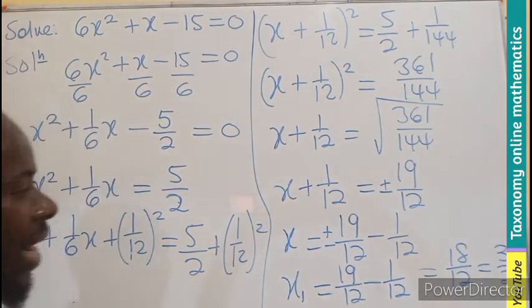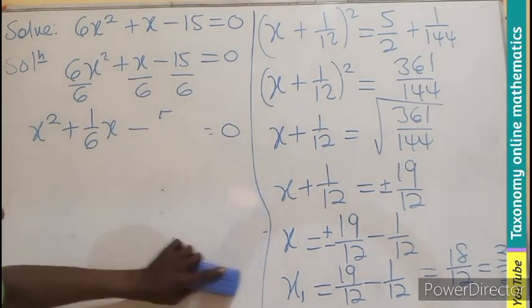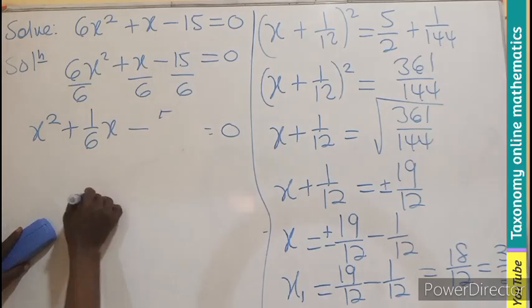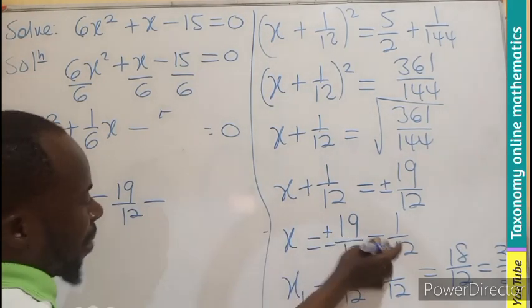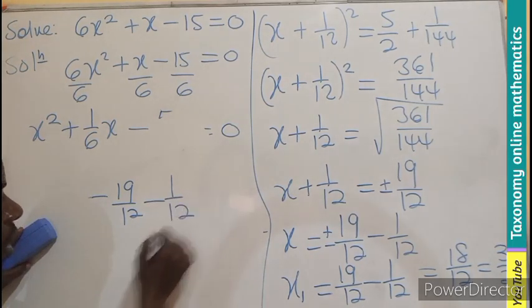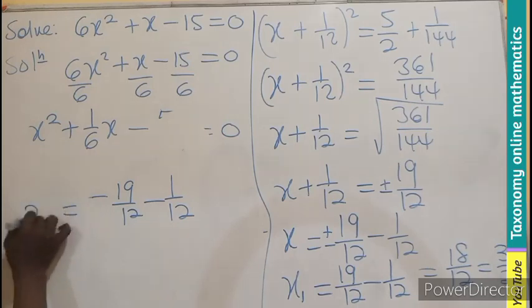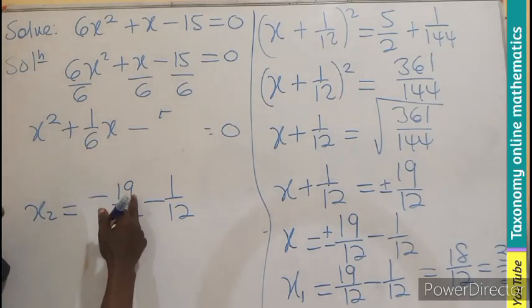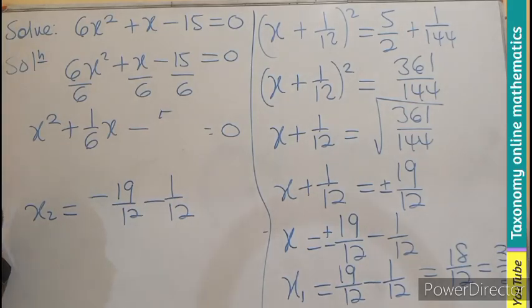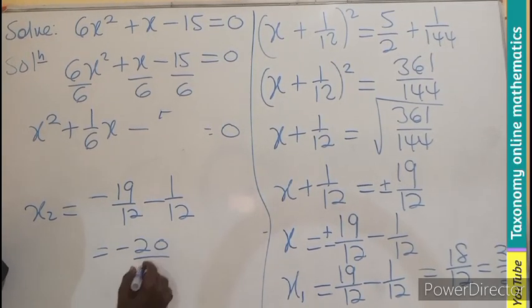All right. Then let's take the last one, which will be the negative. So negative 19 on 12, then minus 1 on 12. You have the same denominators, right? So this is our x2. Minus 19 minus 1 will just give you negative 20, so negative 20 by the same 12.